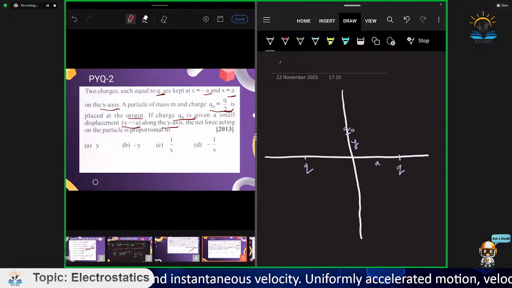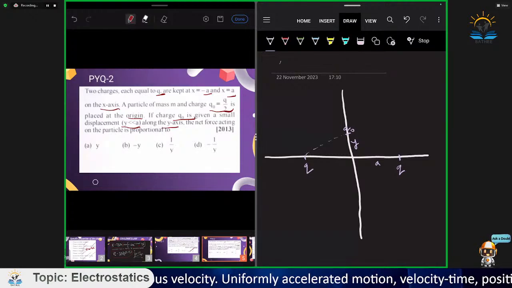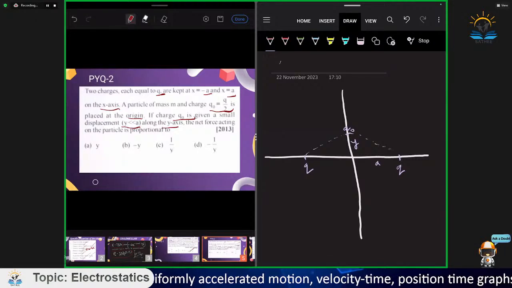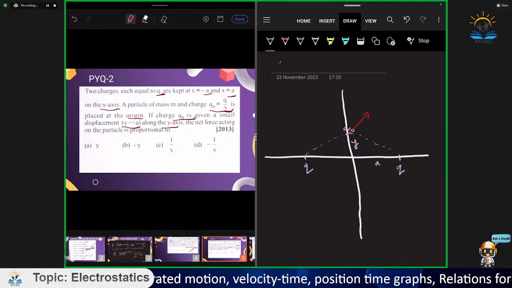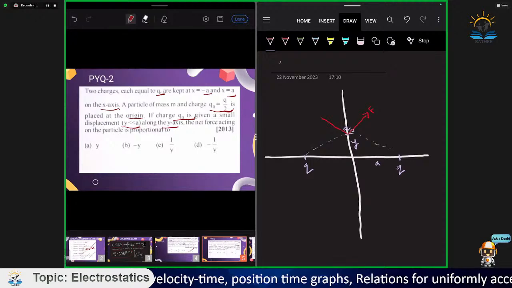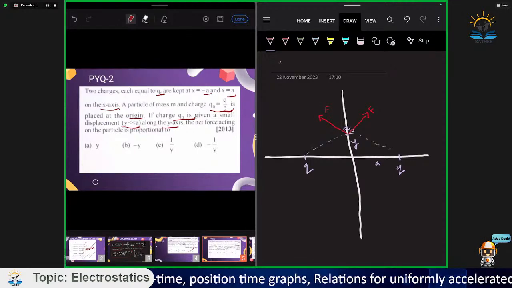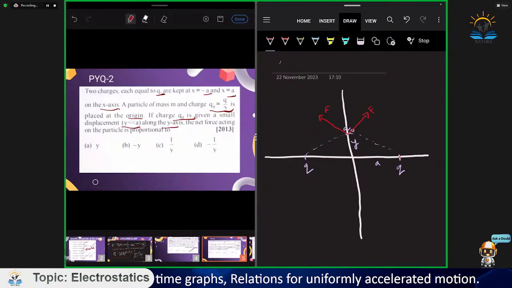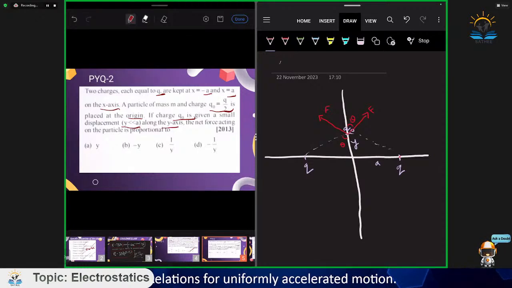Between each Q and Q0, the force will be F in this direction and F in this direction. Both Q will repel Q0. If this angle is theta, this is also theta.